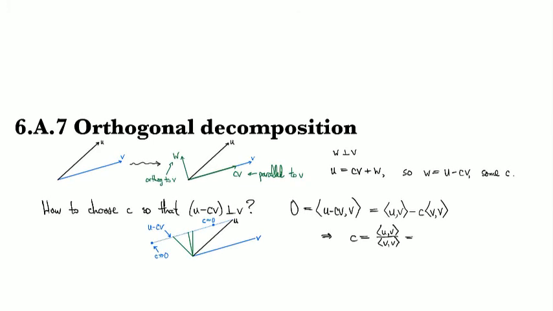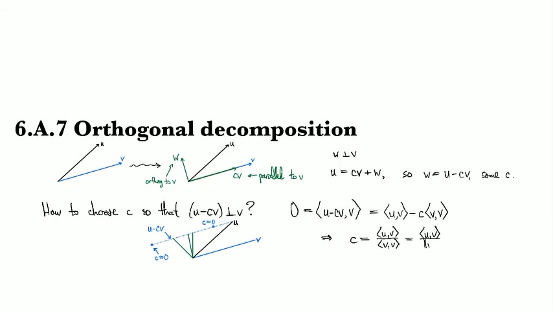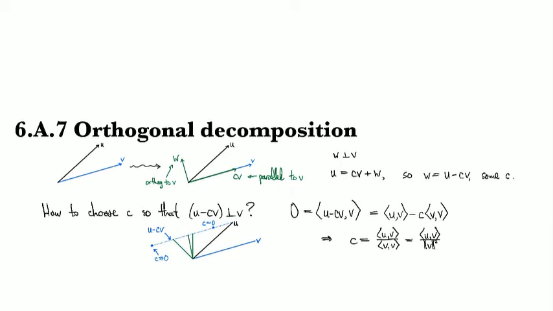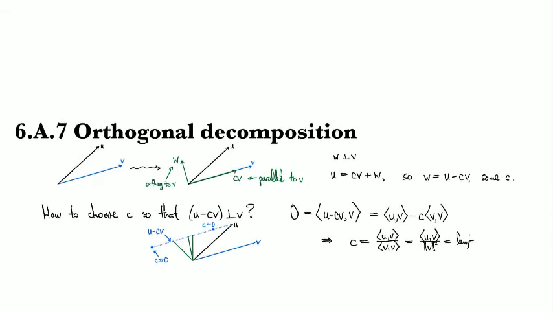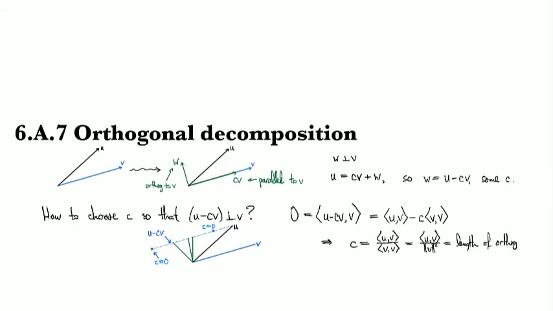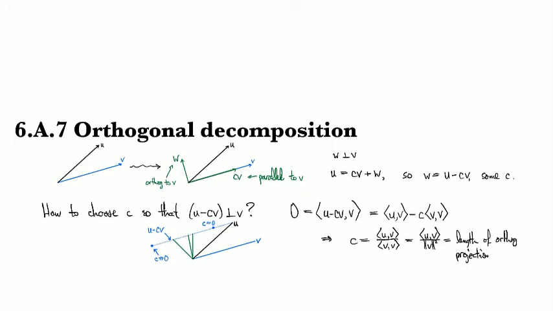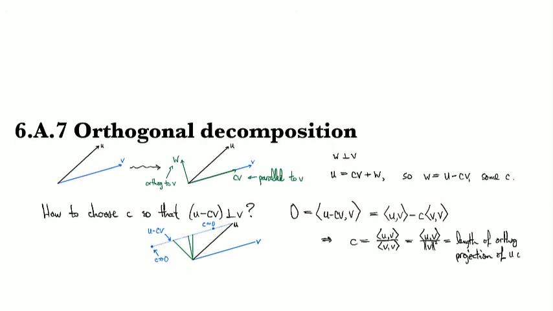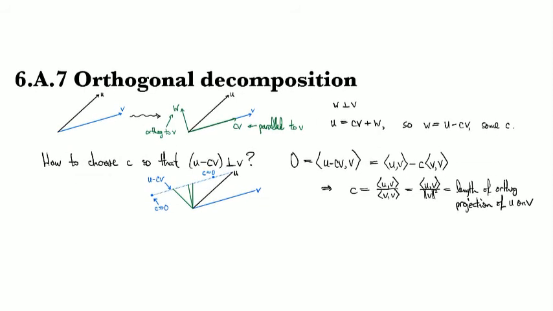This is the same thing as inner product uv over norm squared of v, and this is the length of the orthogonal projection of u on v. Now we're getting somewhere.